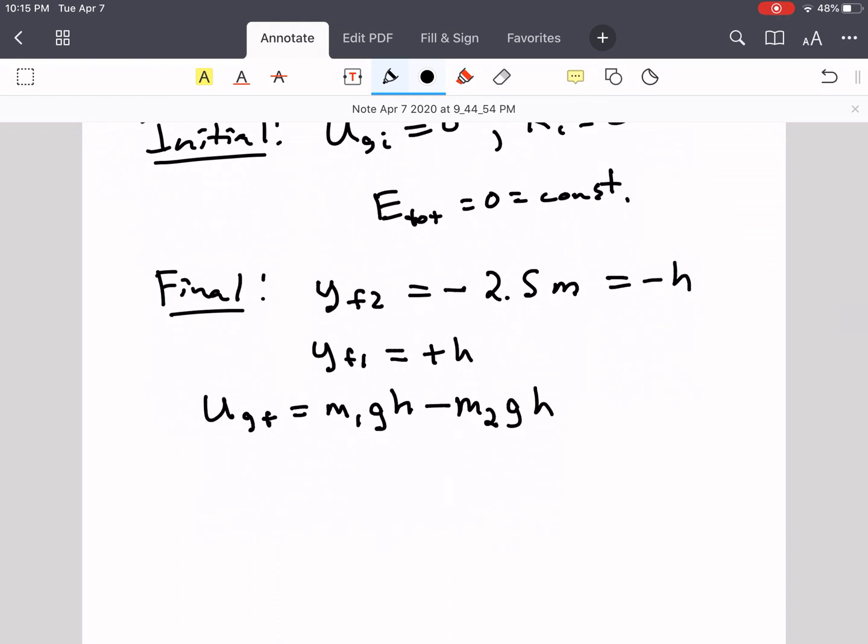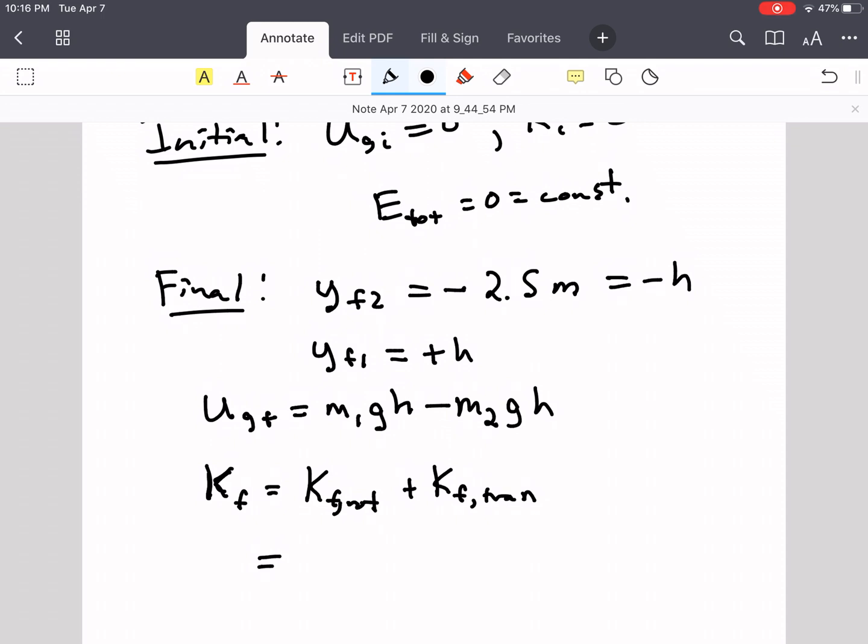What about kinetic energy? What is our final kinetic energy? For this, what I want you to remember is that the final kinetic energy is simply the final rotational kinetic energy of all the objects plus the final translational kinetic energy. So I just add up rotation plus translation. Now let's talk about rotation first. Which of the objects is rotating? It's just the pulley. The other objects are just falling.